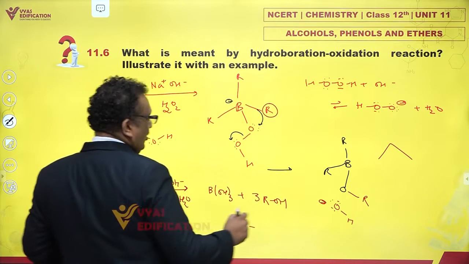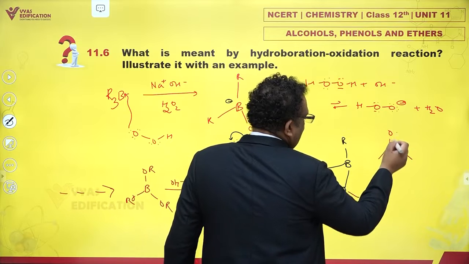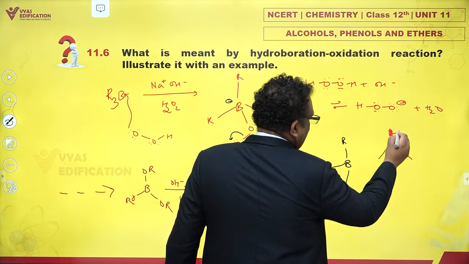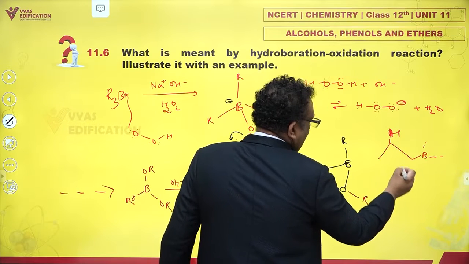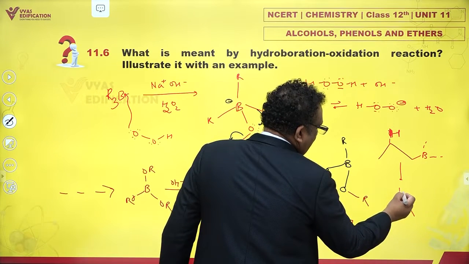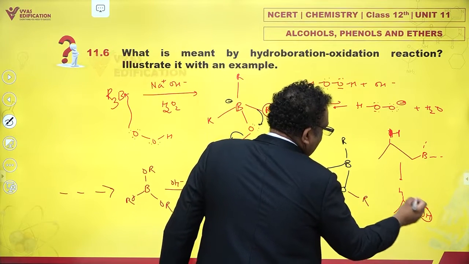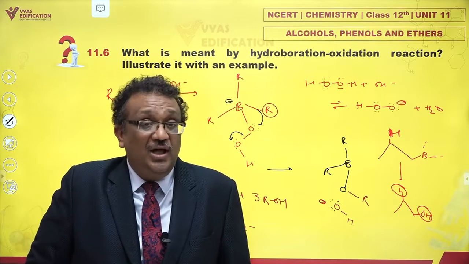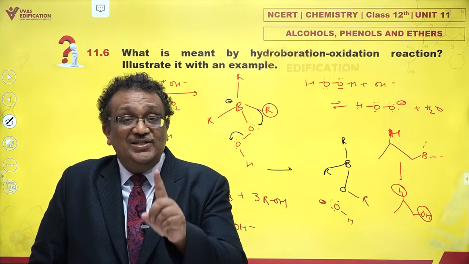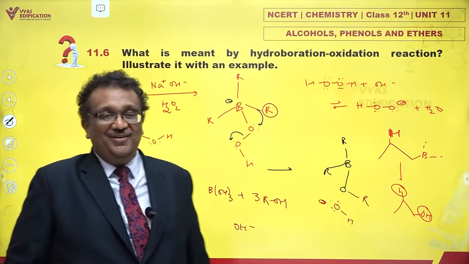One H had got attached here. Now, wherever there was boron, that has now changed to OH. So these H and OH get attached to the alkene as anti-Markovnikov addition.